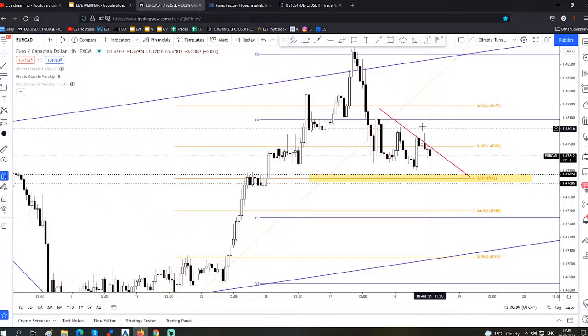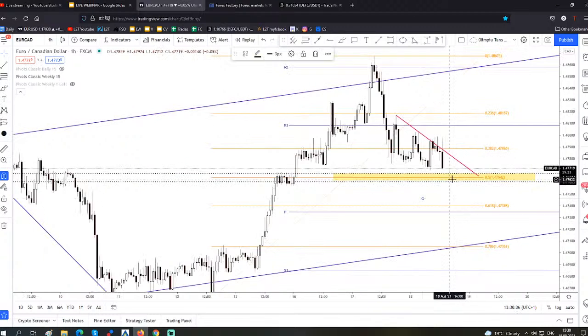So maybe only a valid breakout here could signal a potential growth, but right now the price drops aggressively, and it could maybe hit this support zone, the 50% retracement level. And I've told you guys that maybe only a valid breakout from this pattern here, because we can draw another line here.